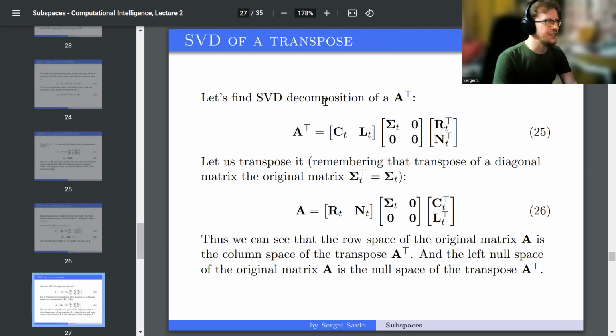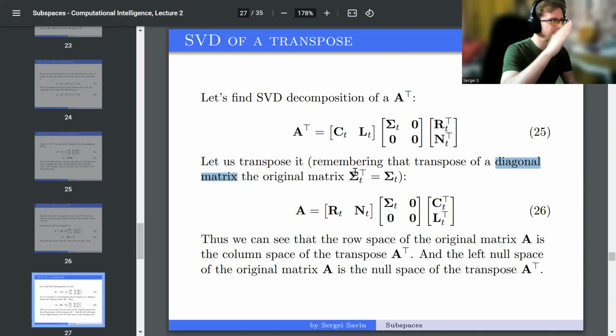Now, a few interesting connections about transpose. Let's find the SVD of A transposed. Same as any matrix, it has some C, L here, some sigma here, zeros here, R and N here. So this is just a generic SVD, same as before. Now let us transpose this matrix. Transpose of a diagonal doesn't do anything, right?